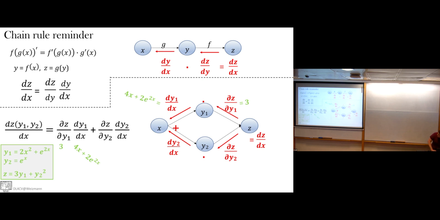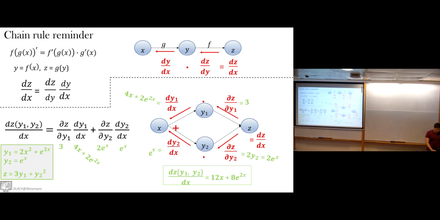It's 2y2, which is actually 2e to 2x, right? 2e to the x, and then it's e to the x, and then we get the final derivative, which is summing both of these, and we get this 12x plus 8e to the 2x.